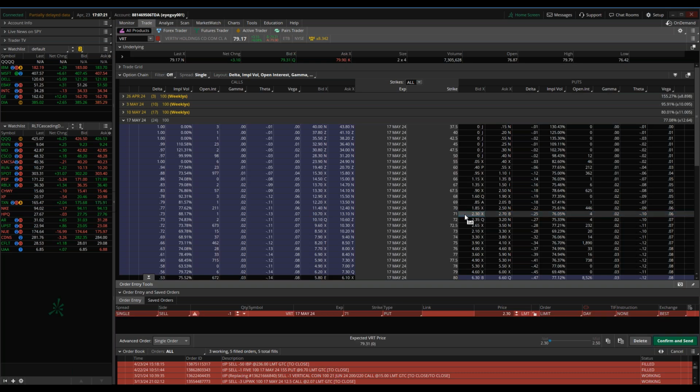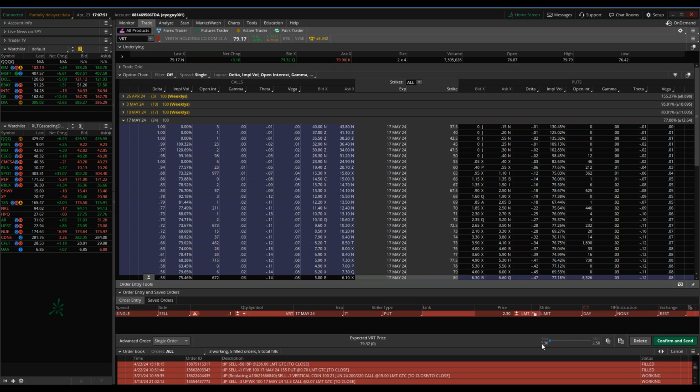So let's say we take a look at this option right here. I don't think we have volume on it here. This is the stock. But let me tell you what's a much better metric anyway to look at, and that is the width between the bid and the ask.